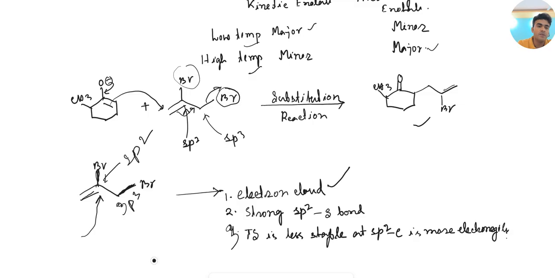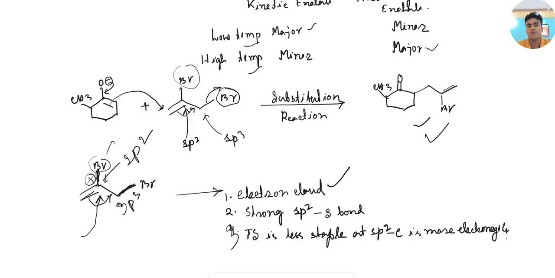If this Br left, then the positive charge would come on this carbon, and as this is an sp2 hybridized carbon, that will be unstable. Whereas when this carbocation is formed, it will be quite stable because it is an sp3 carbon, and also this electron cloud will stabilize this carbocation. So that's why the SN2 reaction will happen at this carbon. So this will be the product.